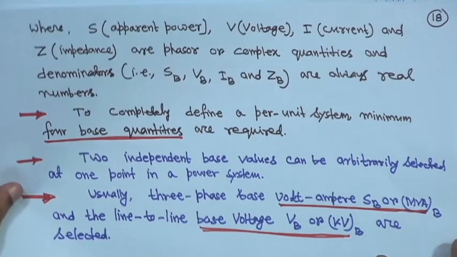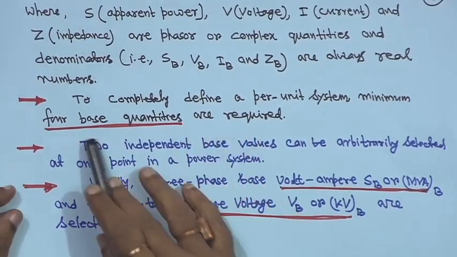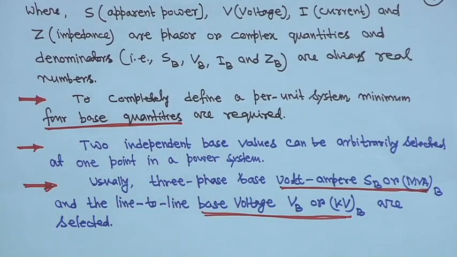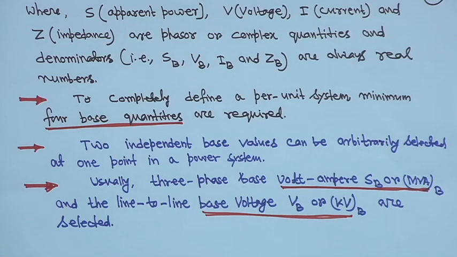To completely define a per unit system, a minimum of 4 base quantities are required, that is voltage, current, impedance and power. Therefore, 2 independent base values can be arbitrarily selected at one point in a power system. At least you have to choose 2 base values. Generally, we choose base volt ampere and base voltage.